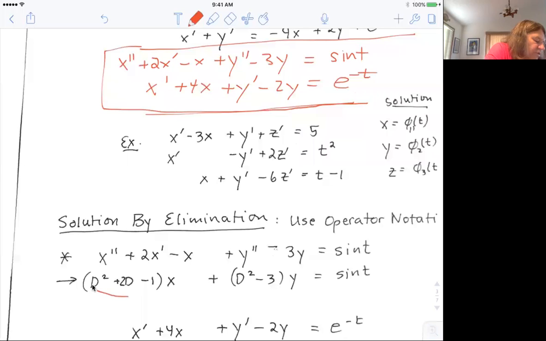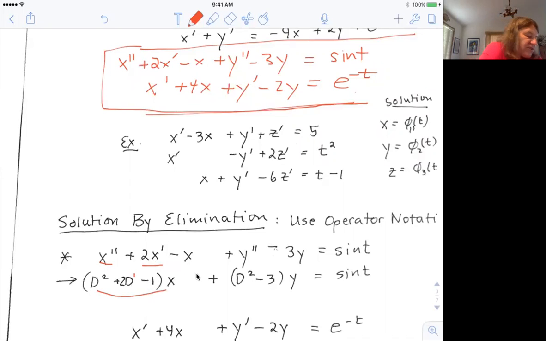So in other words, D² is equivalent to that. 2D is 2 times the first derivative, because that's D to the first there. So 2x prime minus 1 is just x. So if you multiply this out, it would look like D²x, which just means x double prime, plus 2Dx, which just means 2x prime, minus 1, which just means minus x.